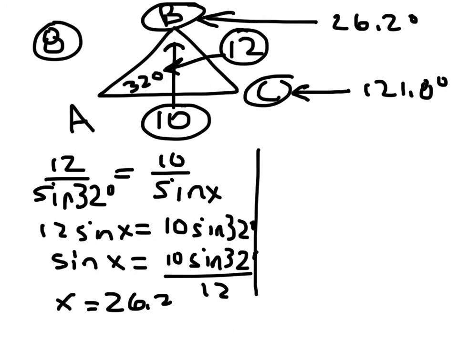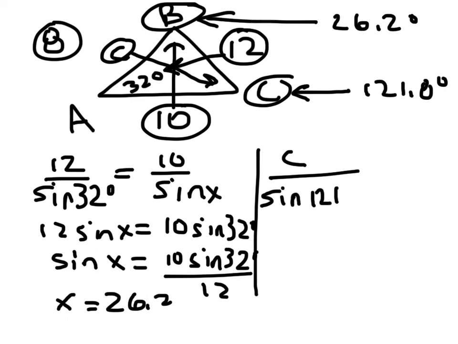I'm asked to find all the angles and all the sides, so I can use the law of sines again to find side C. It's across from angle C. So C divided by the sine of 121.8 is equal to, and I'll use 12 and sine 32, but you could have used the other angle side pair.